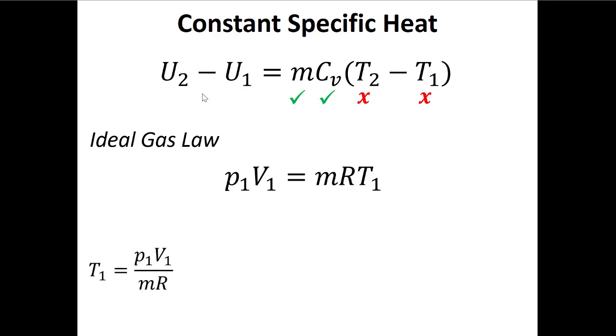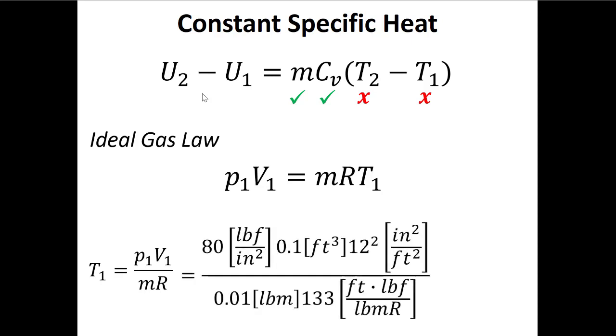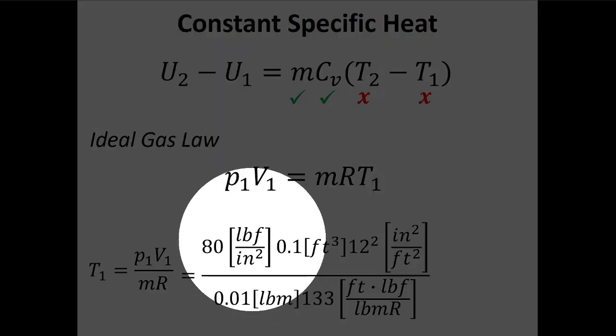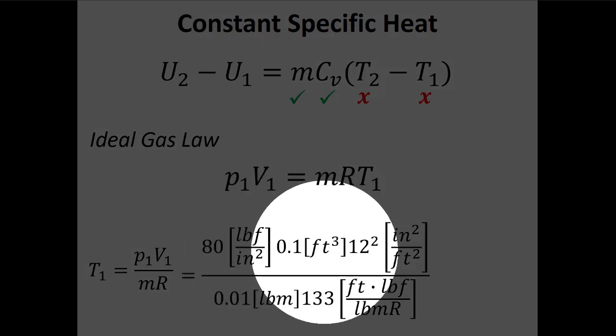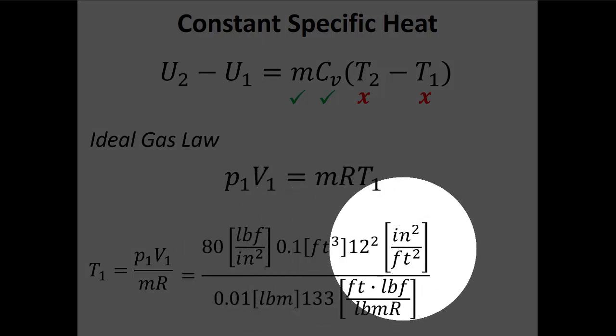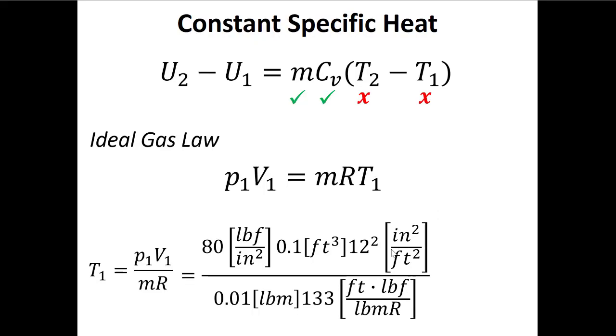I'm trying to find T1, right? T1 is going to be P1 V1 over MR. I know all of these things, right? Again, I have to watch out for units here because my pressure is in pounds force per inch squared, PSI. My volume is in cubic feet. So I still have to convert here so things drop out correctly, right?